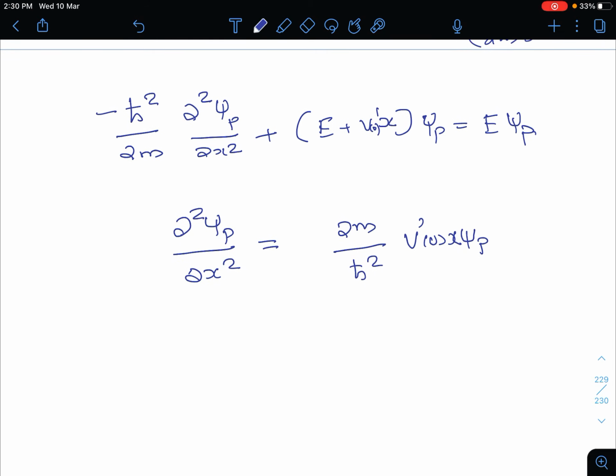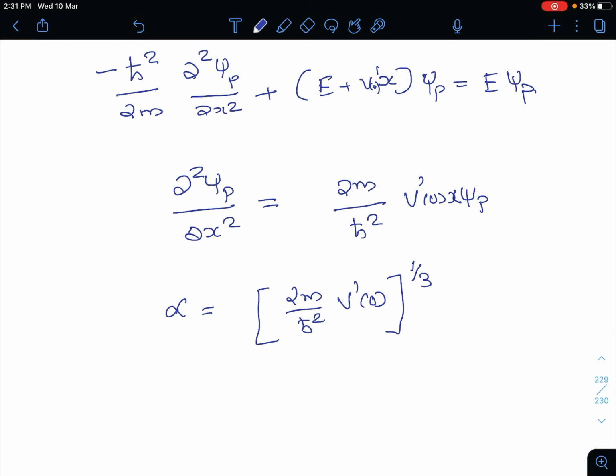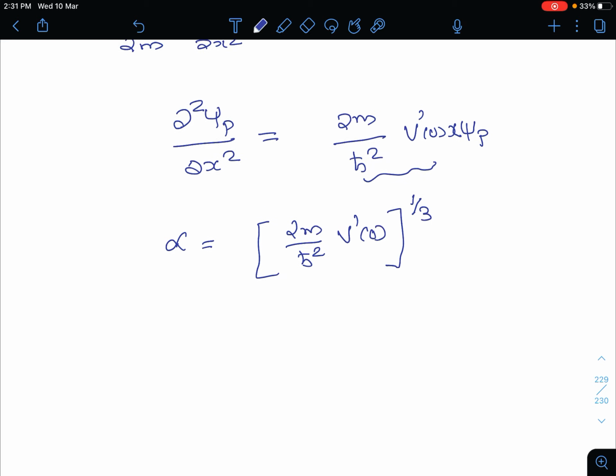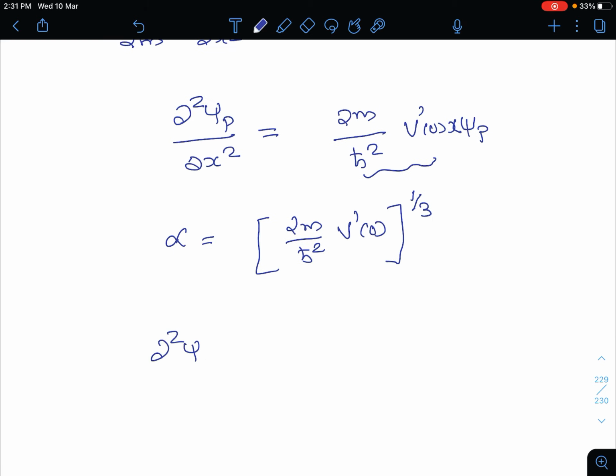Now I introduce a term alpha, where the 1/3 power of 2m by h cross square V dash of 0 I call alpha. So this is alpha cube. So now dou square psi p by dou x square is equal to alpha cube x psi p.